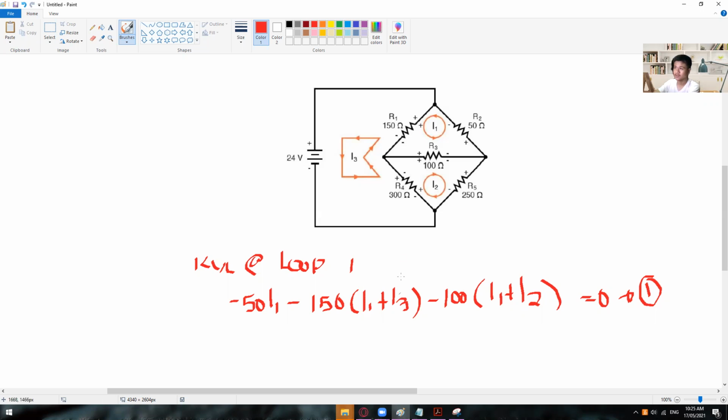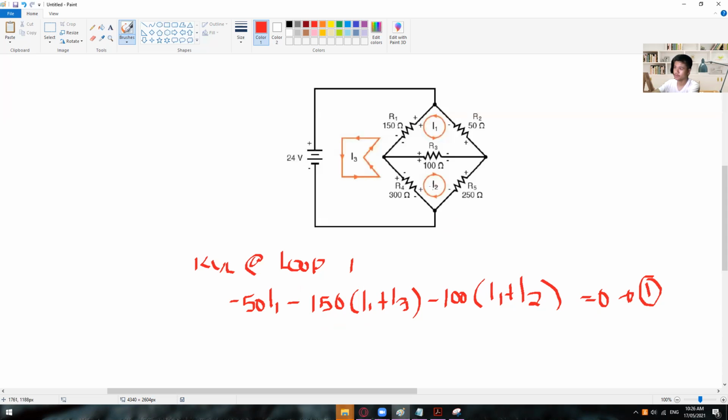This positive will vary if they have different flow of current, but if they have the same, then it will always be positive. If it's a contradicting flow of current like this one, just change this into negative. Also, the one that you write first is of course the inner current before the outside current. That's how we write the arrangement and the signages of currents here. Anyway, that's it for equation number 1.